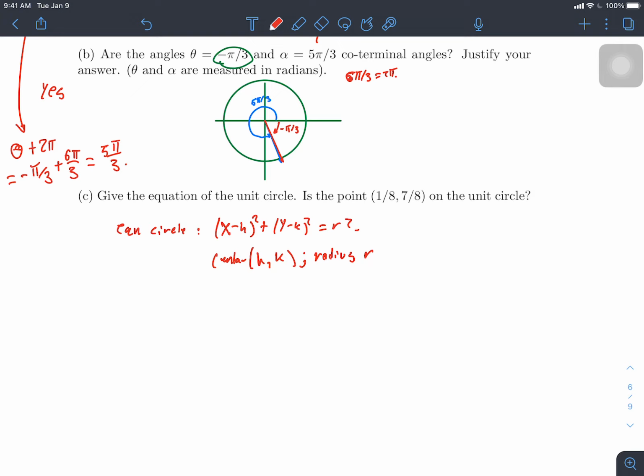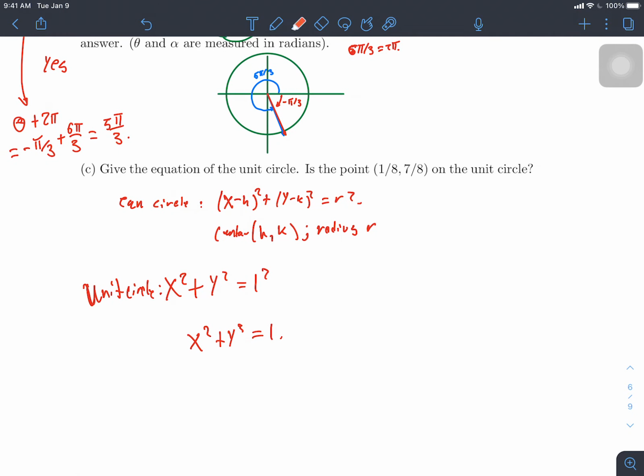So if I want to talk about the unit circle, it's the circle that has its center at 0 comma 0, the origin, and radius 1. So the equation of the unit circle would be x squared plus y squared is equal to 1 squared, or just x squared plus y squared is equal to 1.